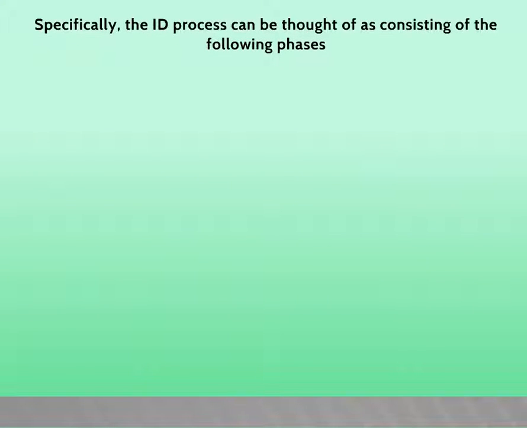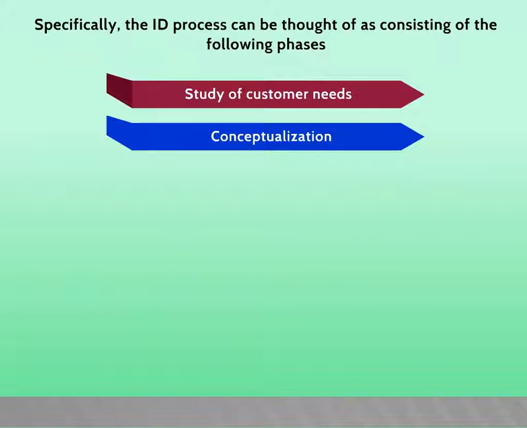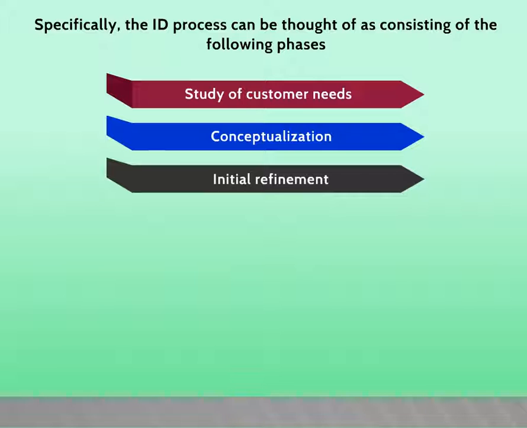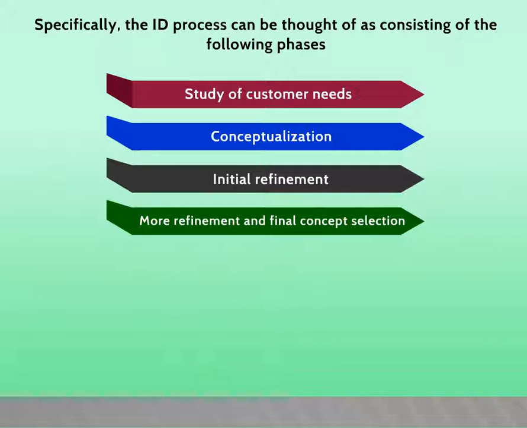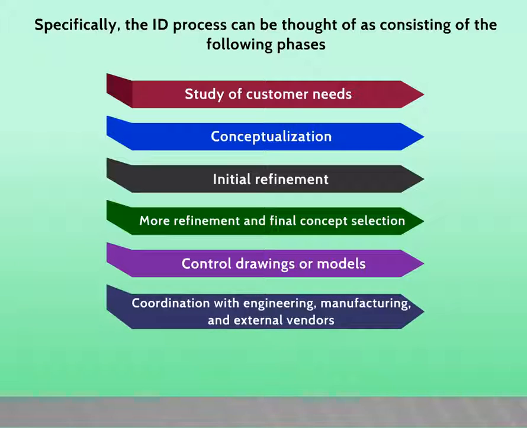Specifically, the ID process can be thought of as consisting of the following phases: study of customer needs, conceptualization, initial refinement, more refinement and final concept selection, control drawings or models, coordination with engineering, manufacturing, and external vendors.